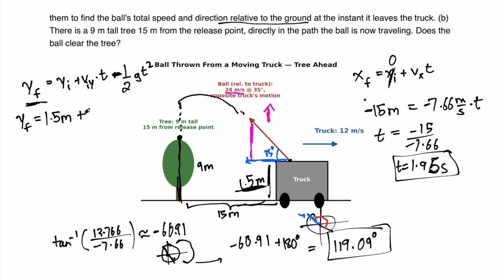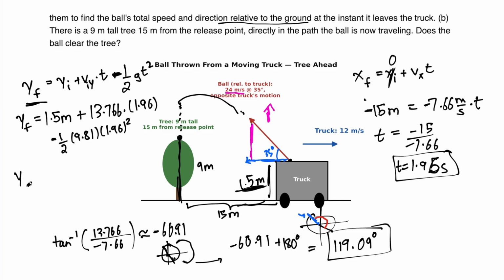Plus initial velocity y, which is 13.7, I believe, yeah, 13.7 times t, or 1.96, and then all of that minus 1/2 times 9.81 times 1.96 squared.